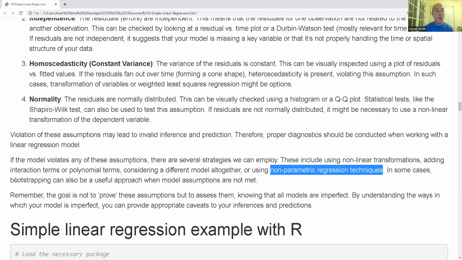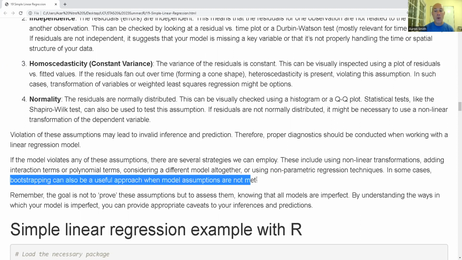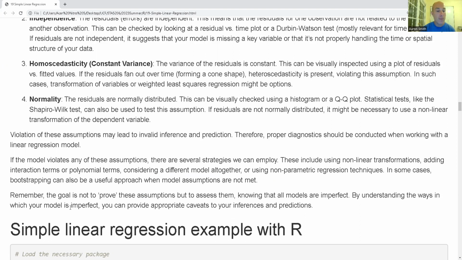In some cases, bootstrapping can also be useful when model assumptions are not met. Remember, the goal is not to prove the assumptions, but to assess them, knowing that all models are imperfect. By understanding the ways in which your model is imperfect, you can provide appropriate caveats to your inferences and predictions.